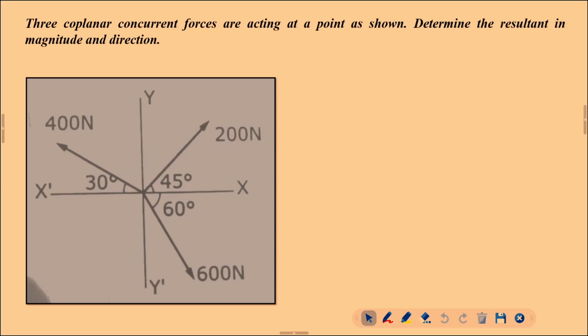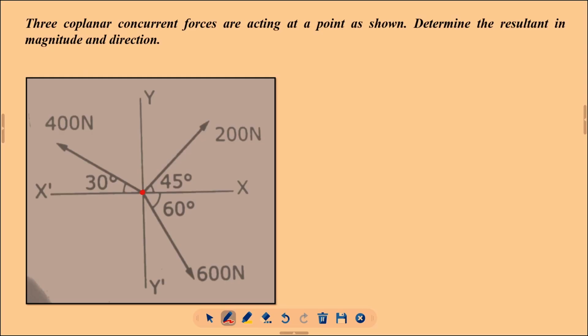So, they are saying three coplanar concurrent forces. What is meant by concurrent forces? All the forces should meet at one particular point. So, here coplanar means one plane, concurrent means all three forces meet at one point. That meeting means not acting towards, it is acting away from the point. So, three coplanar concurrent forces are acting at a point as shown. Determine the resultant in magnitude and direction.